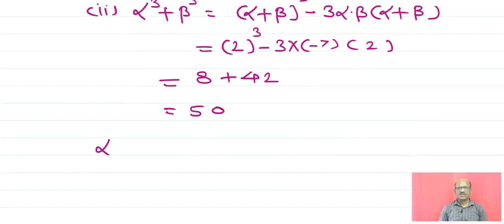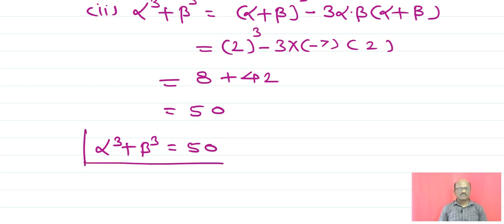Hence alpha cube plus beta cube is equal to 50.